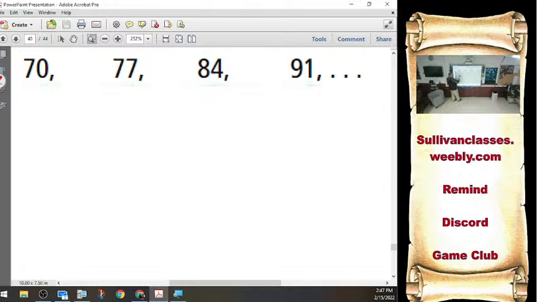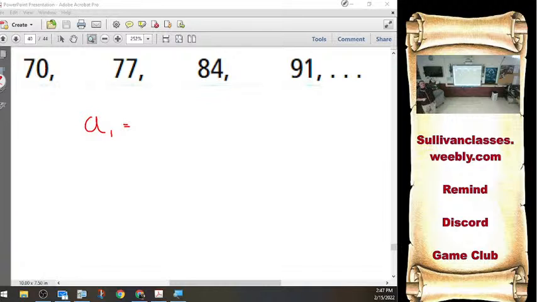Okay? So a recursive formula has two parts. A sub 1. Maybe you've seen this in science before. You'll see it again in math. See how that's not upstairs like an exponent? It's downstairs.